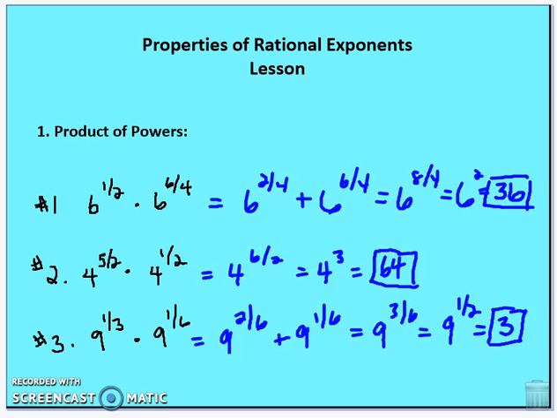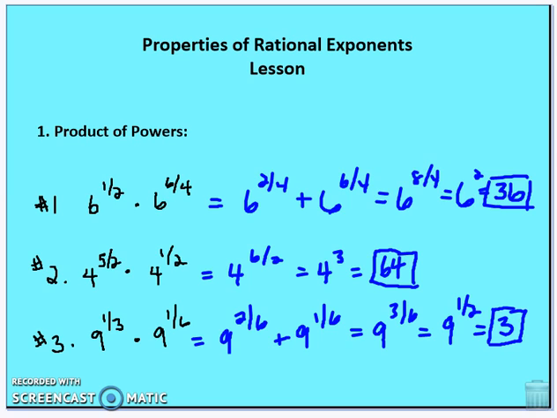All right, so again, product of the powers, same base. We're going to multiply one value times another with the same base, and we end up adding the exponents together. In problem number one, 1/2 plus 6/4 is equal to 8/4, or 2. 6 squared is 36.